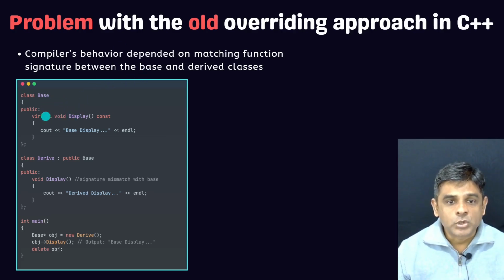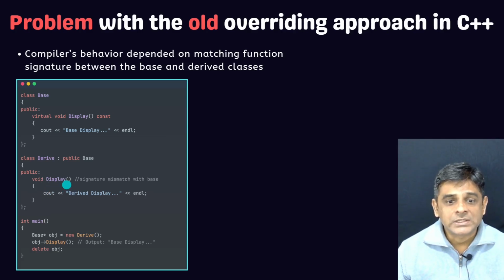In this code snippet, we have a base class and there is a method display. It is a virtual function. Now in the derived class, we are trying to override this display method, but we forgot the const keyword, right? So now the compiler is considering this as a new method.